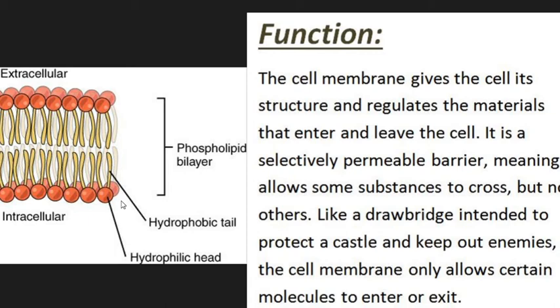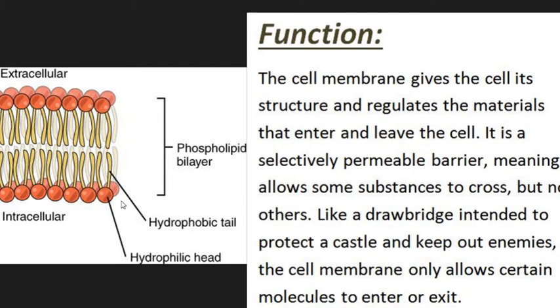Moving on to function, the cell membrane gives structure and support to the cell. This is the first and most important function, and it plays a very crucial part in separating the cytoplasm from the outside of the cell.